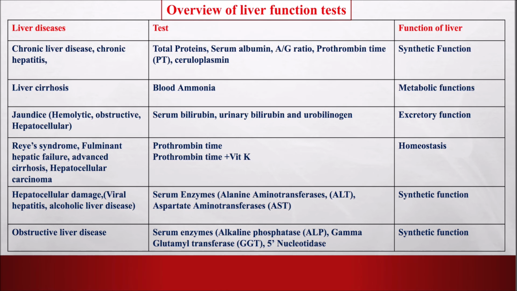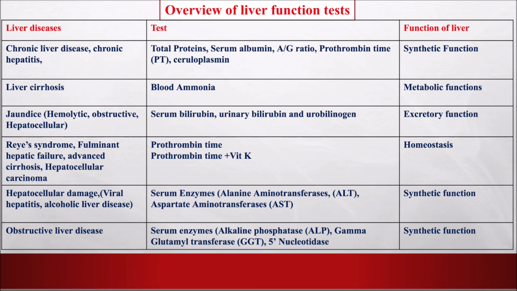The serum transaminases, including alanine aminotransferase as well as aspartate aminotransferase, are altered under liver diseases like alcoholic liver disease and viral hepatitis. The enzymes like alkaline phosphatase, gamma glutamyl transferase, as well as 5' nucleotidase are altered under obstructive liver disease.